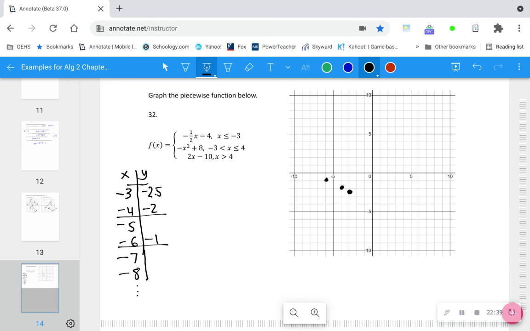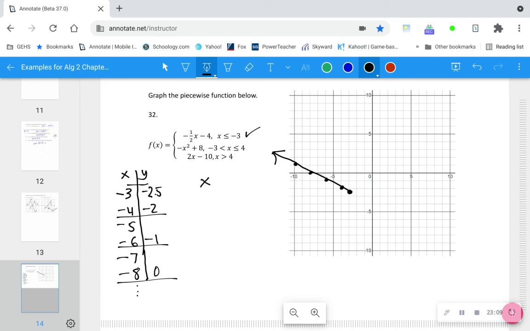So we get right here. And then we'll skip the 7 and go to 8 since it's easier to take half of. When you say -8 times -1/2, you get 4. 4 minus 4 is 0. So that puts us right there. And maybe you can see you're going 1 up and 2 back, 1 up and 2 back. So this thing goes down like this. I should use a straight edge, but I don't have one handy. And that's the first part. So we got that part done.